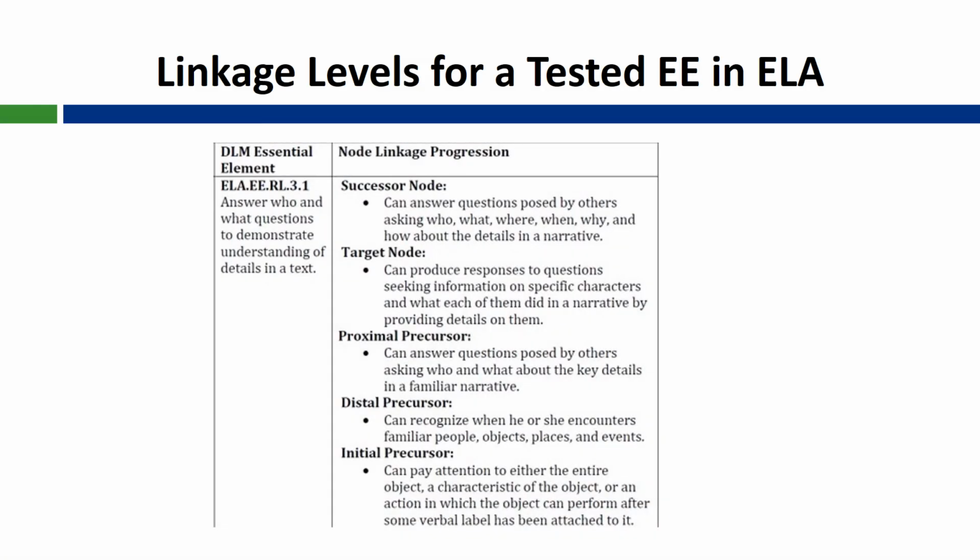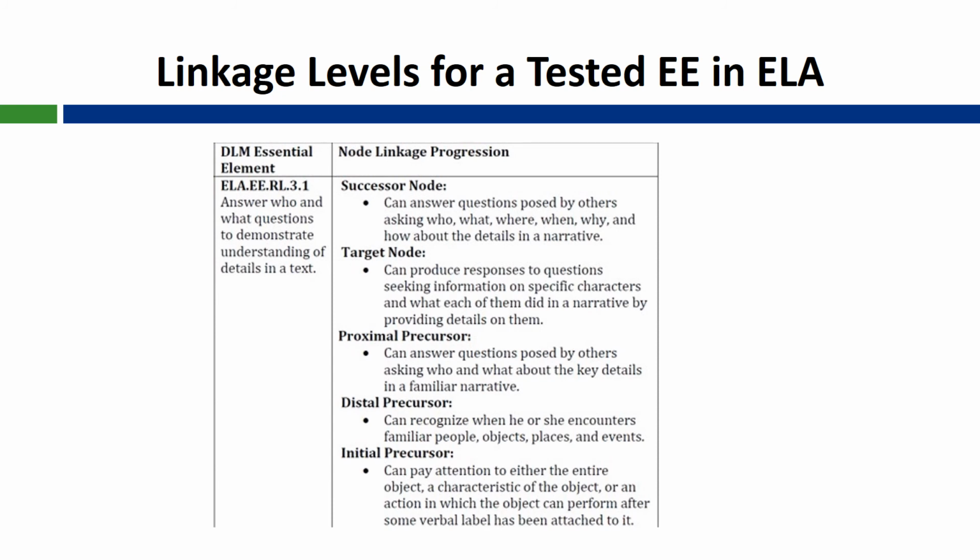This is a screenshot of linkage levels for a grade 3 essential element in ELA. Remember, in the essential element, it is written at the target node, but you can choose at what level to teach and assess the essential element. Testlets at the initial precursor level are typically intended for students who do not yet have symbolic communication.